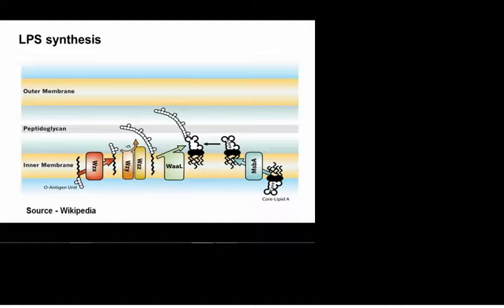Yes, so this is synthesized on bactoprenol, the same thing as for peptidoglycan. And this idea that you transfer a repeated subunit onto a big polymer with a transglycosidase is also very similar.